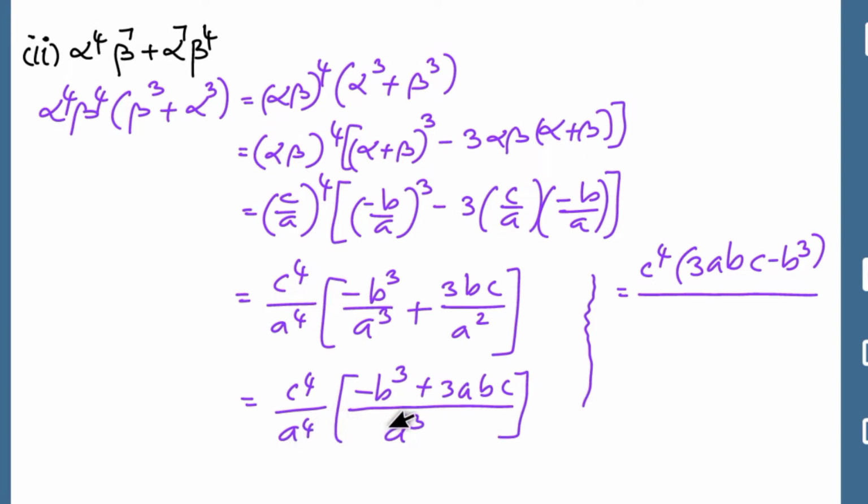This is a power m into a power n, a power m plus n. 4 plus 3, 7. It equals, what is common? b is common. Take b common: b into c power 4, so 3ac minus b square by a power 7.